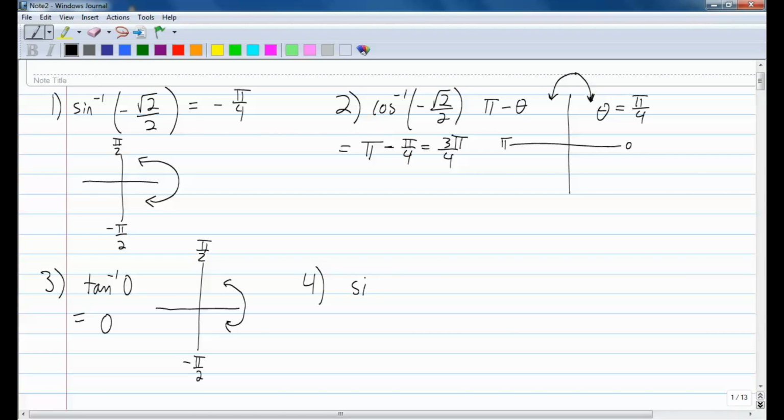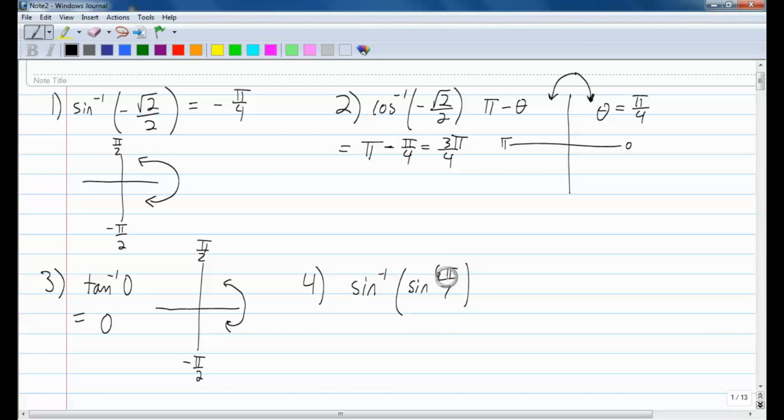Number 4 is the inverse sine of the sine of 6 pi over 7. So if the inverse is on the outside and it's the same function, just the inverse of the regular function, then we want to look at this right here.